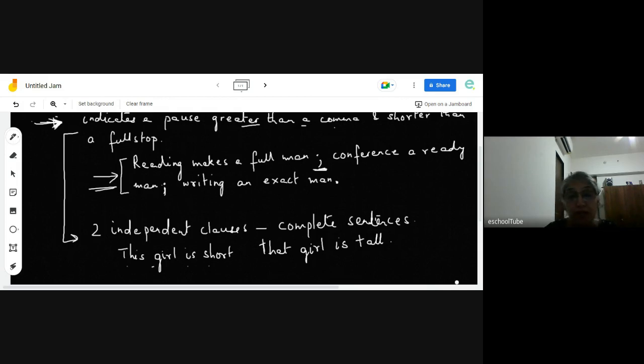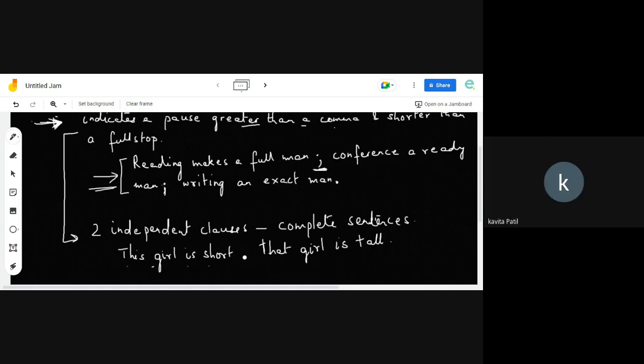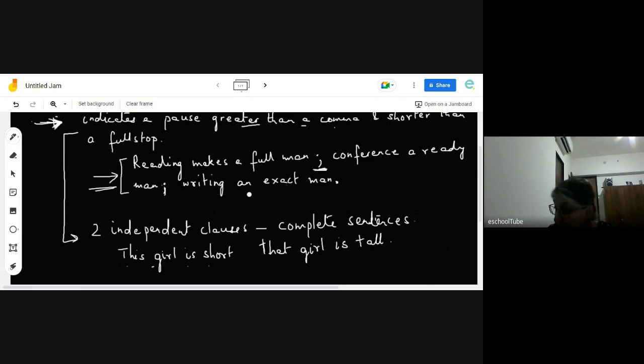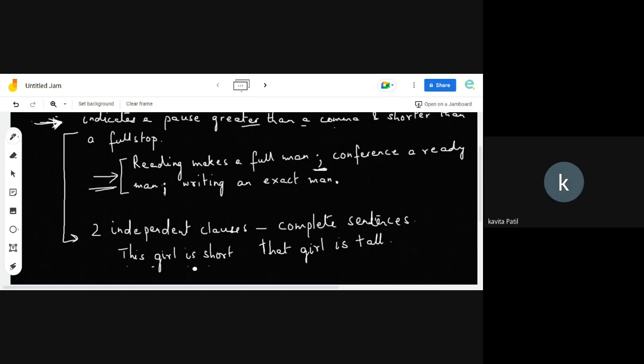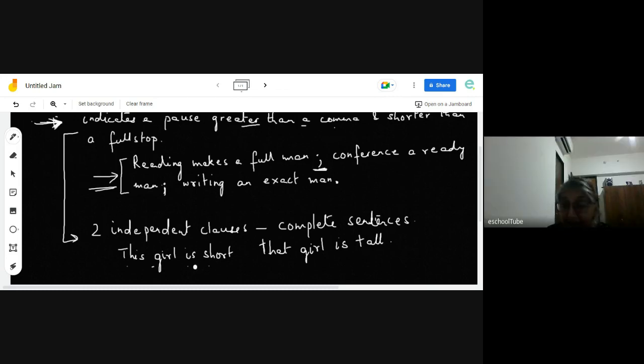Okay. So Yukti, is this sentence complete? This girl is short. Yes, ma'am. How do we check whether it is complete or not? What should a sentence have to give us the idea whether it is complete or not?